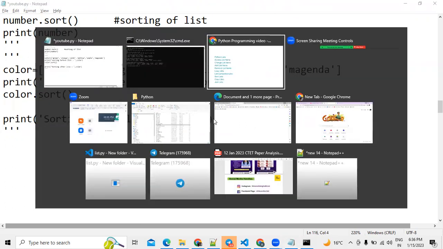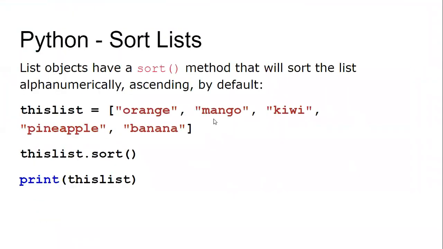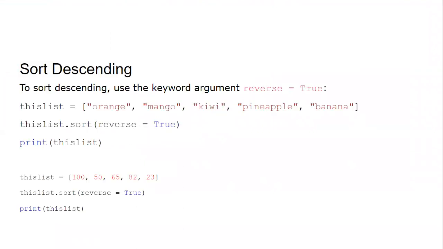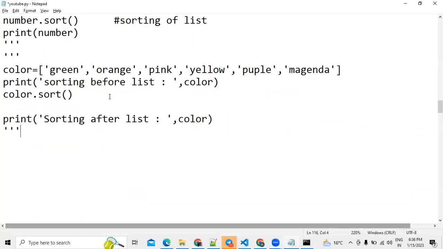Let's move on to the theory portion. So how to sort a list, the sort method, and sort the number list like this. Sort was already discussed. To sort descending, use the keyword argument reverse equals true. So the list like this, and reverse is equal to true. So print like that. How to write a reverse program?